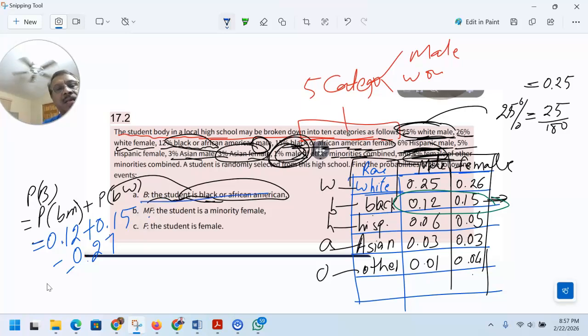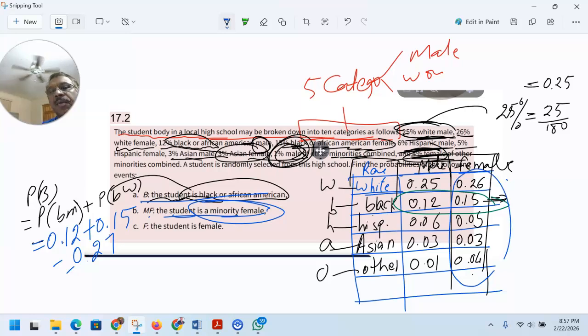The next question is that the student is a minority female. What is a minority female? These are females, but minority basically means apart from white. This is white female. We don't want white, we want the rest of them.